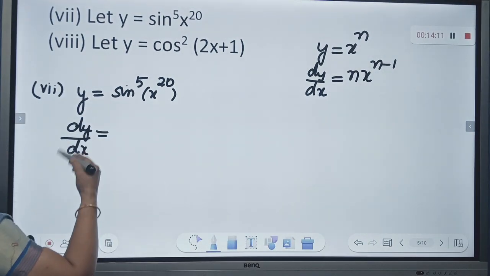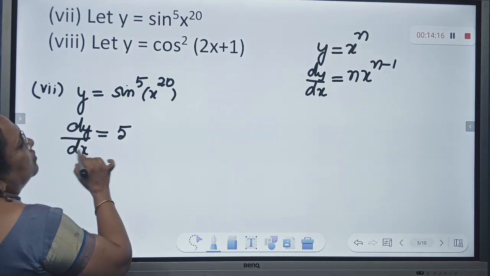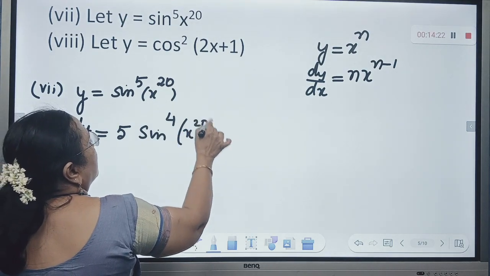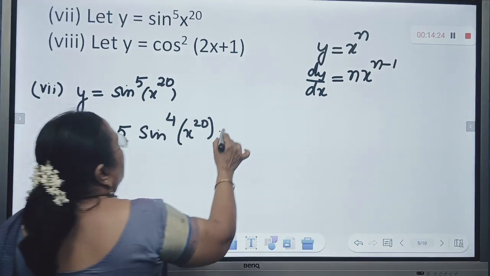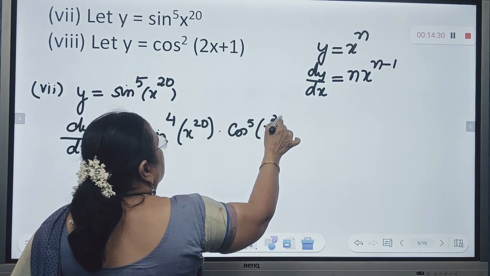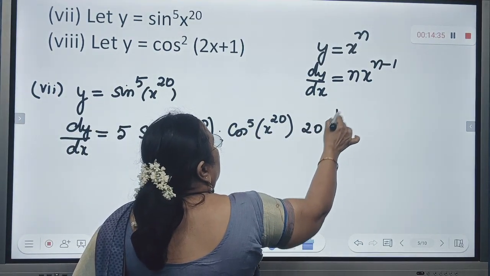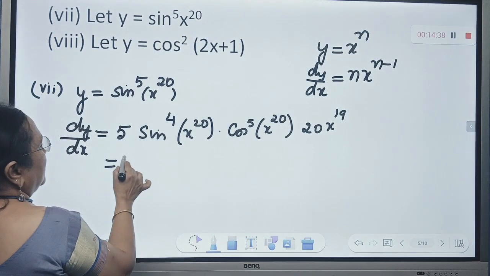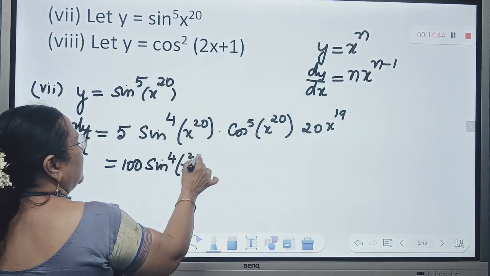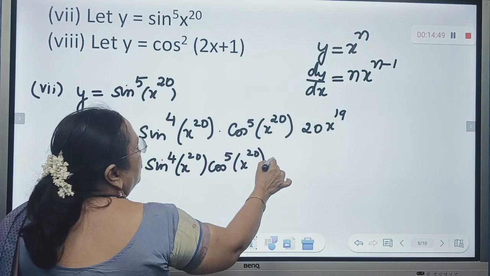So sine power 5 of x power 20, when I differentiate, 5 into sine to the power 4 of x power 20 into, then what should I do? The derivative of sine, which is cos, of x power 20, into the derivative of x power 20, which is 20 x power 19. So I will get 100 sine power 4 of x power 20 cos of x power 20 into x power 19.